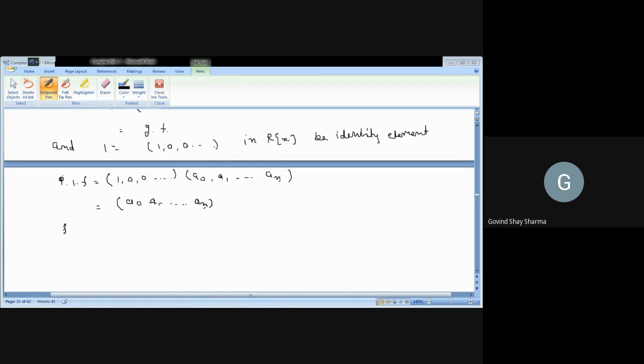So f dot 1 we also get f. So R[x] has an identity element.